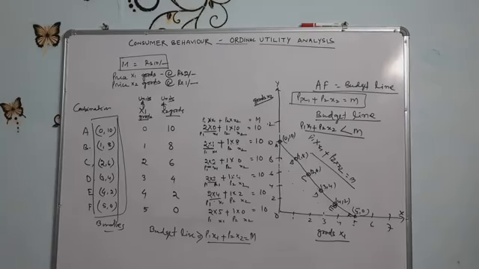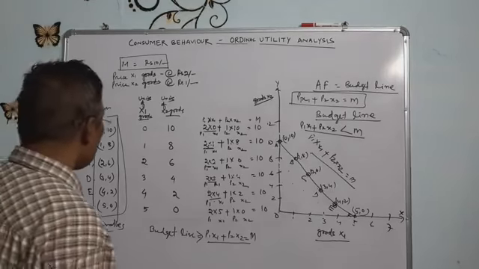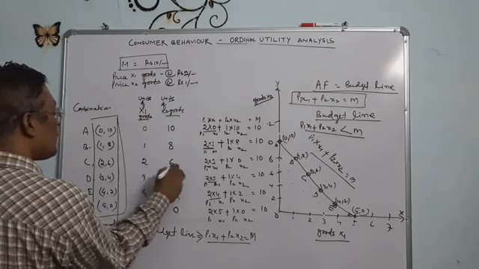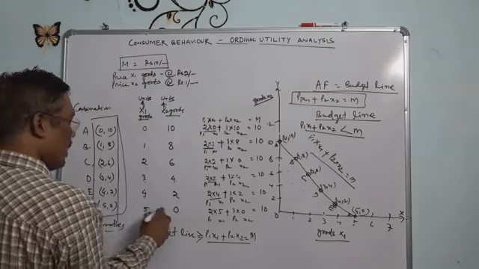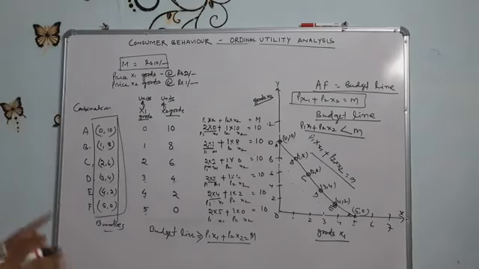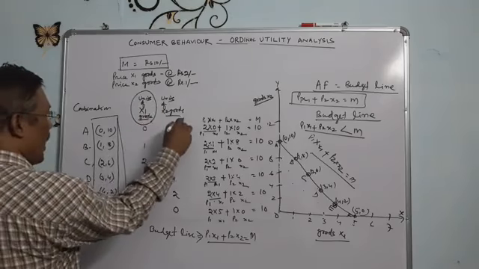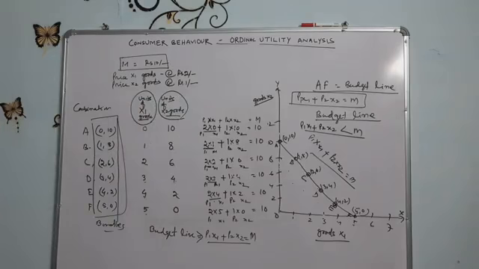Listen and try to understand what I said. Budget possible combinations: 0, 10, 1, 8, 2, 6, 3, 4, 4, 2, 5, 0. These are the different possible combinations of two goods, that is x1 goods and x2 goods. So what is budget line?